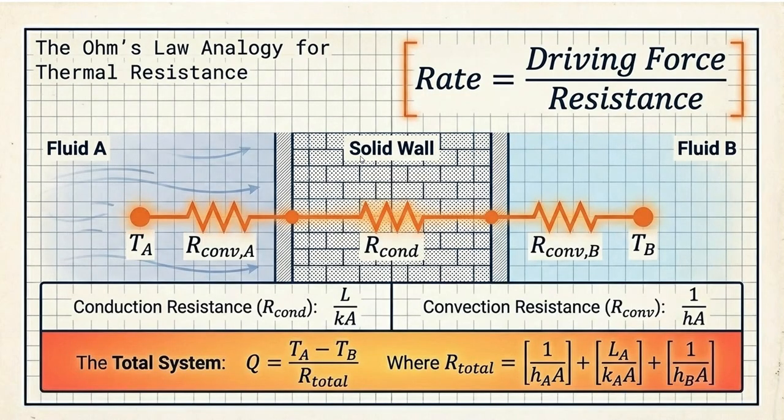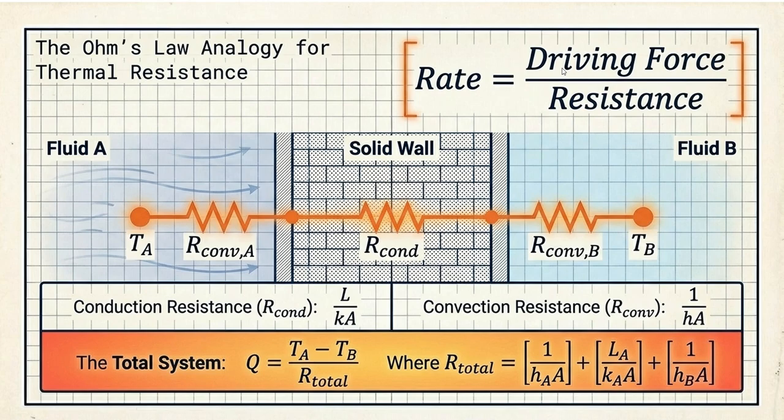Now, a very popular analogy that is used for heat transfer systems, especially walls, is thermal resistance, the Ohm's law analogy. So, as we know, rate is driving force by resistance.